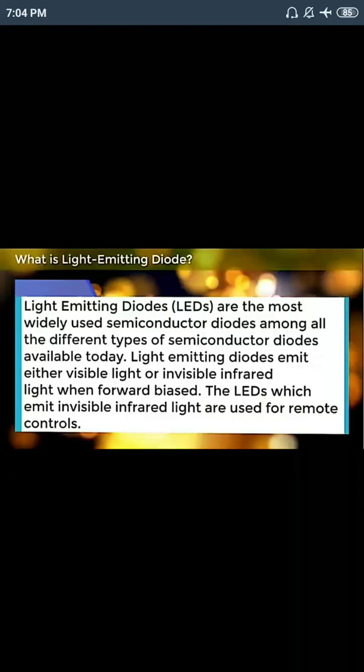So let's start with the first definition of an LED. LED means light emitting diode. Light emitting means that from this semiconductor device, this PN junction diode, we get light, or light will be emitted from this semiconductor diode. And in class 8 we studied that LEDs are used as a tester in an electric circuit.